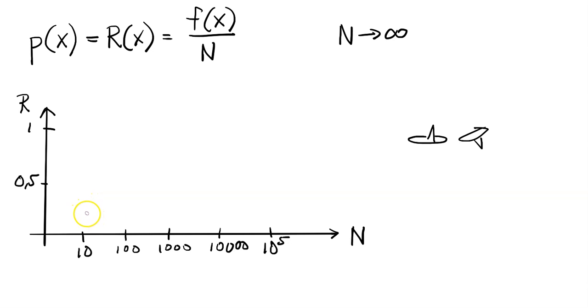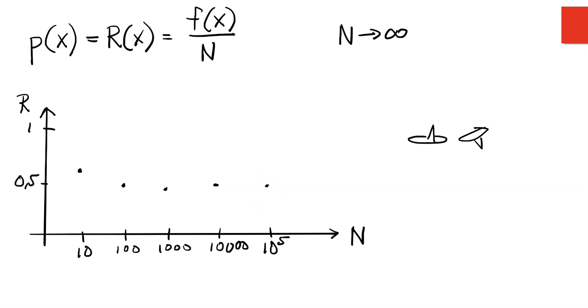If we throw the tack now 10 times, we could basically have any outcome. But let's say we got here. If you throw 100 times, let's say we got in this. So 45 or 47% of the cases. 1,000 times, then maybe we have gotten here. And 10,000 maybe gotten here. And 100,000.